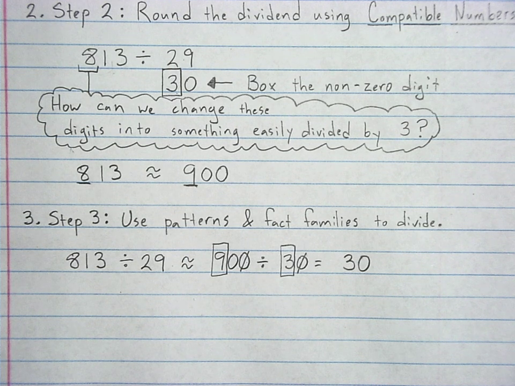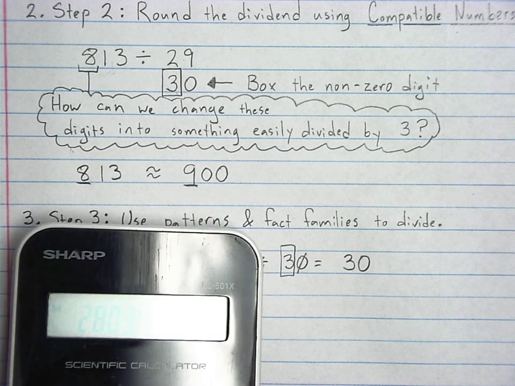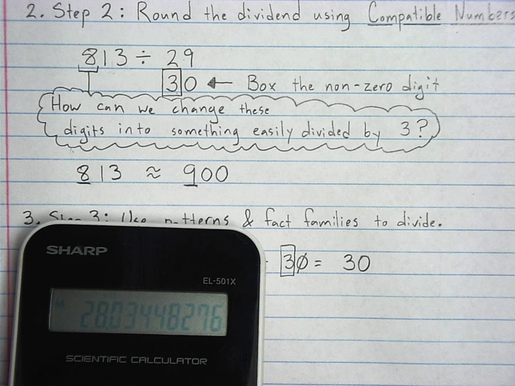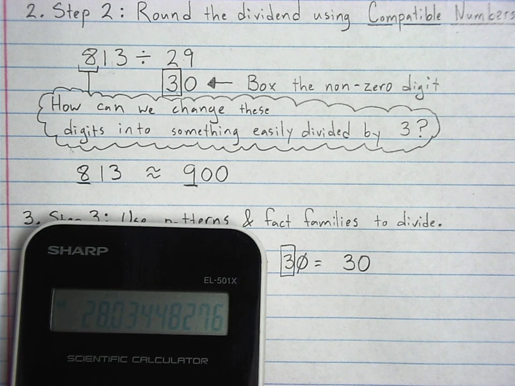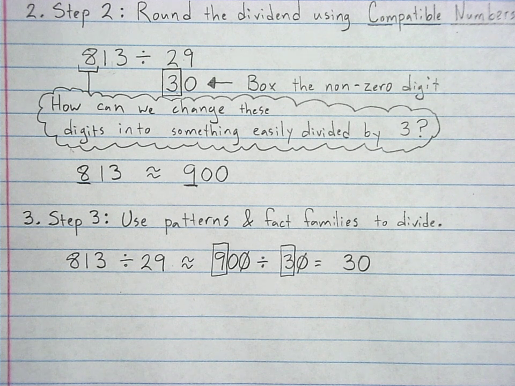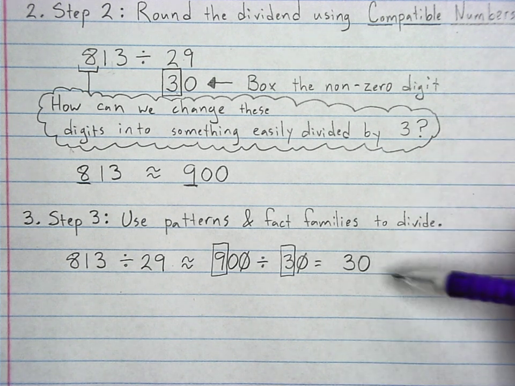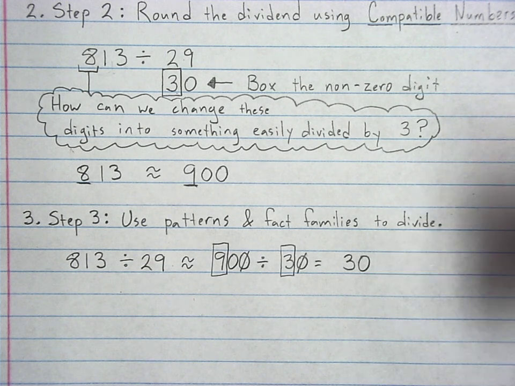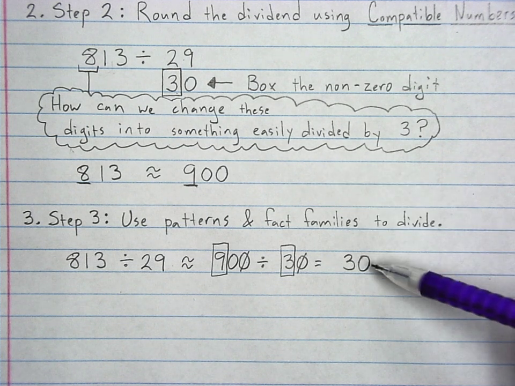Now if I do the actual division, and I'll put it in the calculator, 813 divided by 29, the actual answer, very hard to see on the video probably, 28 and 0344827 blah blah blah blah blah. So 28 something. Is that pretty close to 30? Yeah, that's pretty close.